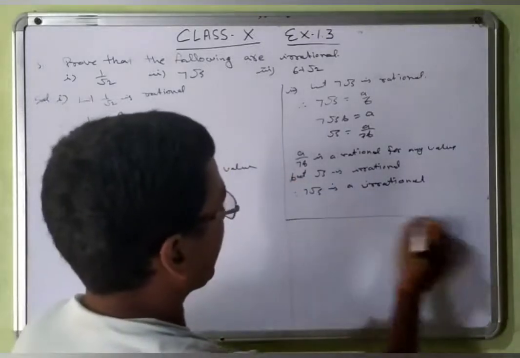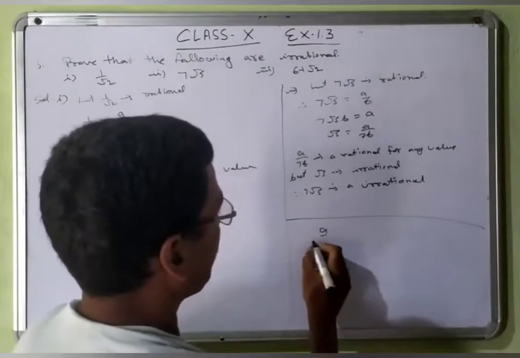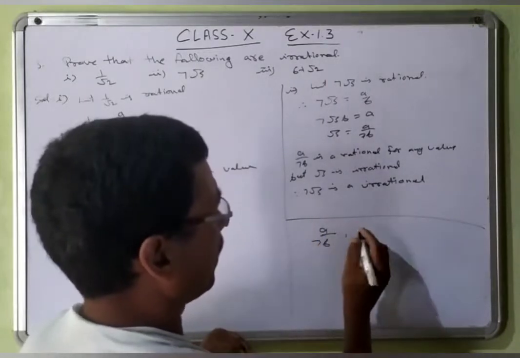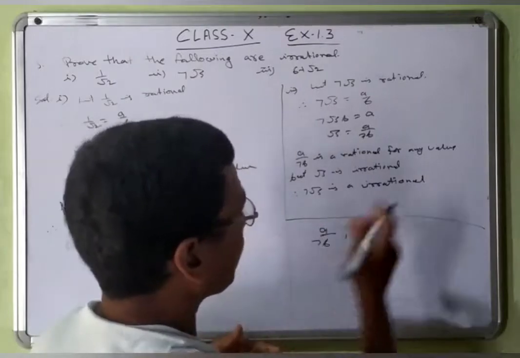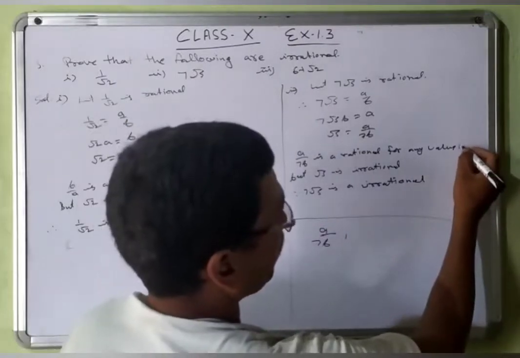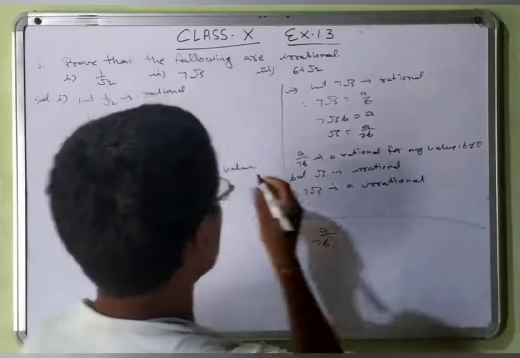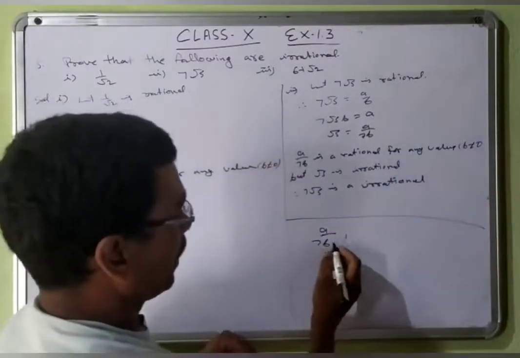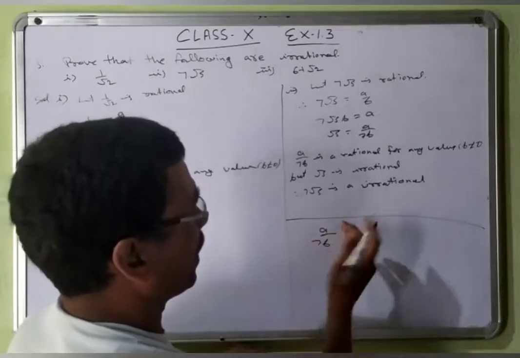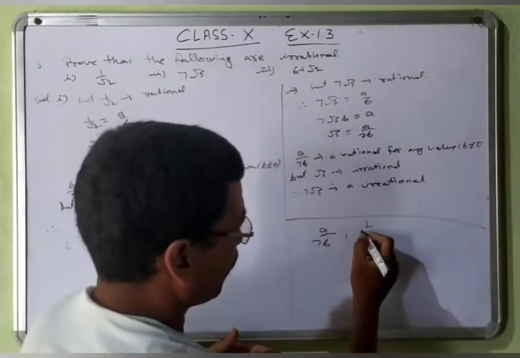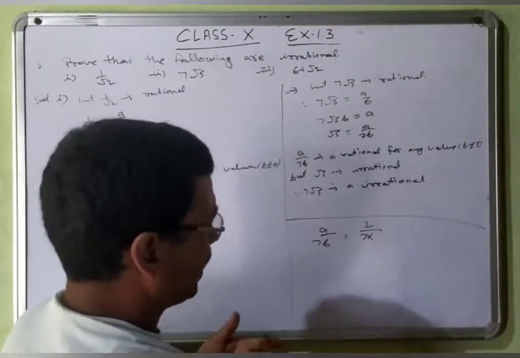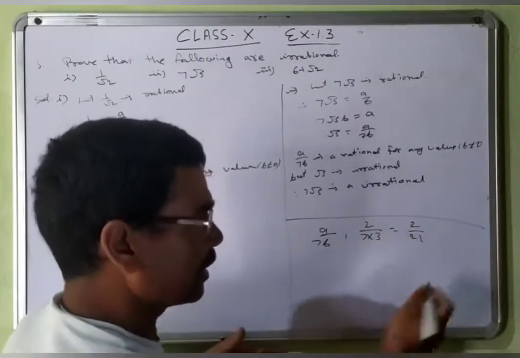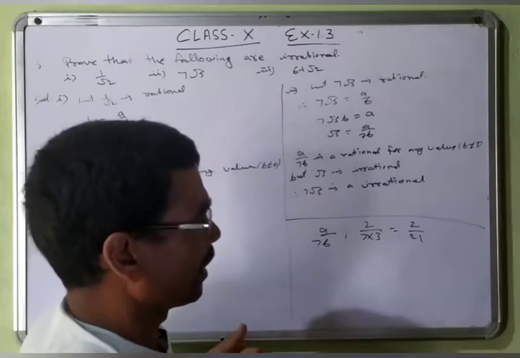See, I have written a upon 7b is rational for any value. Any value means we can write anything here, with b not equal to 0. Suppose we write 2 upon 7 multiplied by 3, that is 2 upon 21, a rational number.